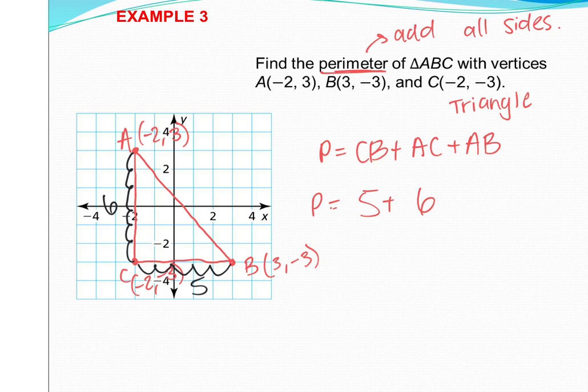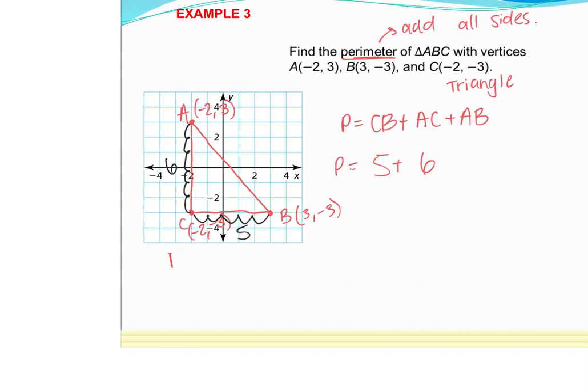What formula is that? The distance formula. Write that down. Okay? We must use the distance formula for AB. I agree. CB and AC, those were cake. You could just count it. One of your sides is going to be a diagonal, and you must use the distance formula to find it.